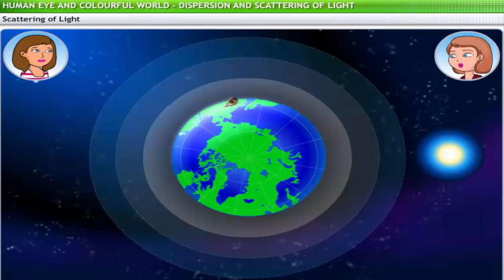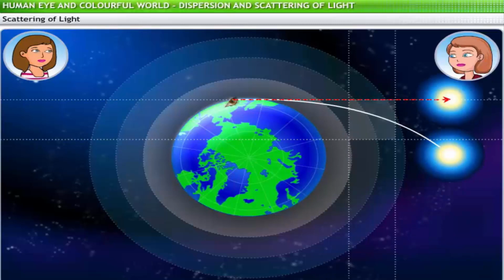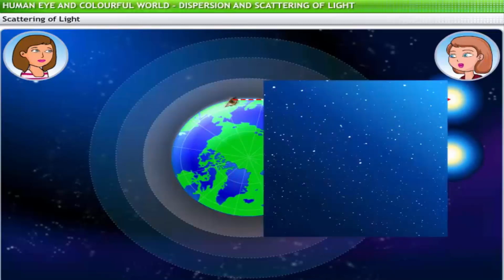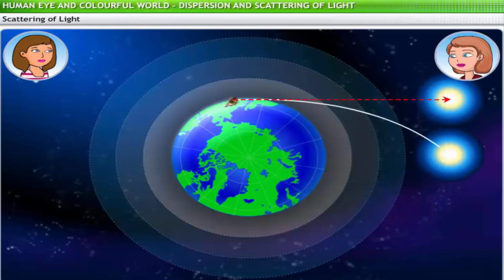Light travels in a straight line as long as no object or particle obstructs its path. However, most media are heterogeneous, like our atmosphere, which is a mixture of gas molecules and other dust particles surrounding the Earth.